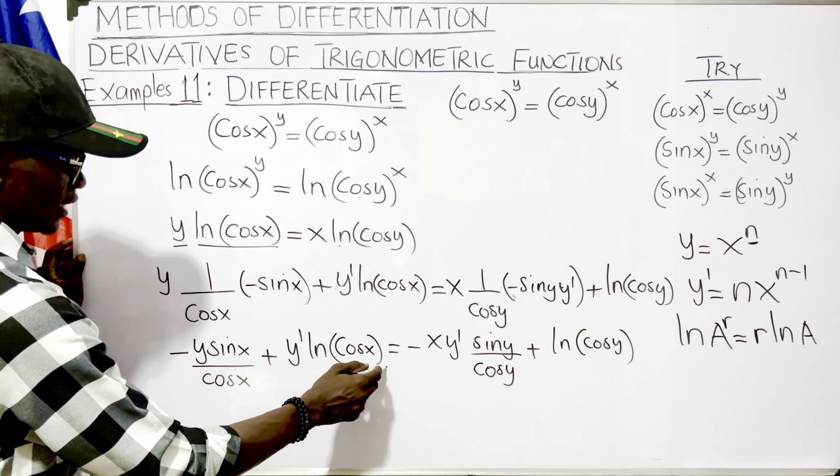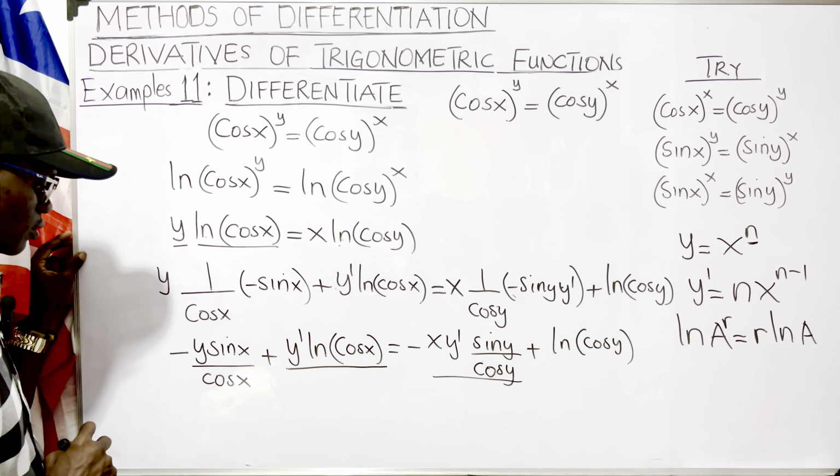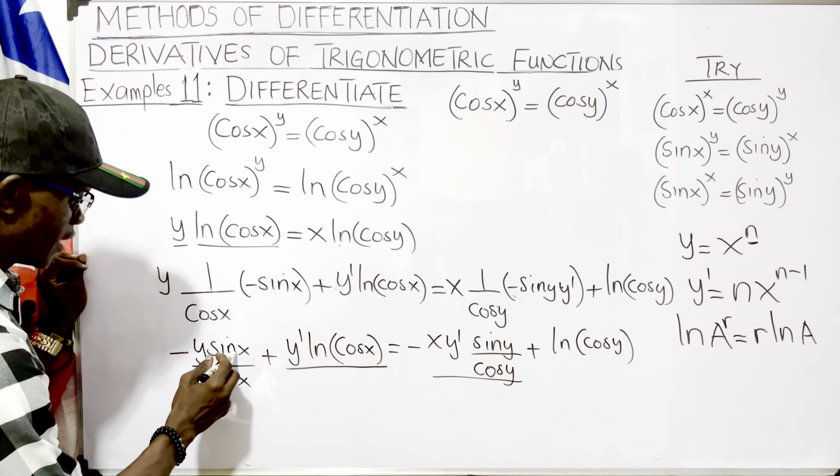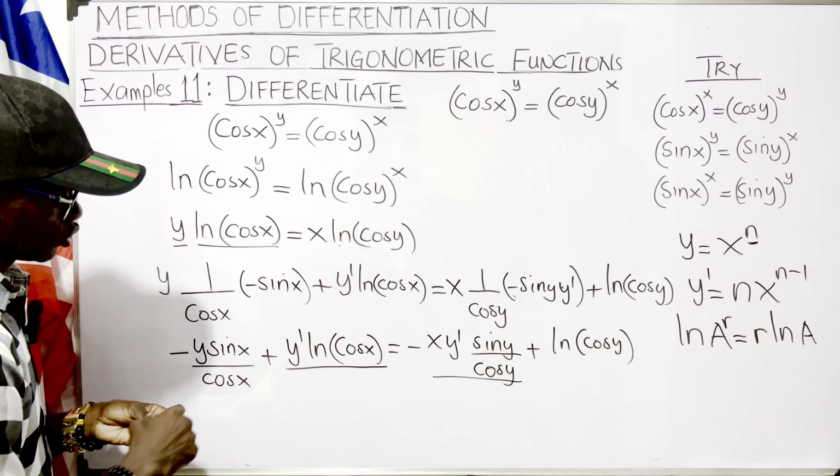Our target is to ensure that all the terms with y prime are grouped on one side of the equation. We know that sine of x all over cos of x is just tangent of x.